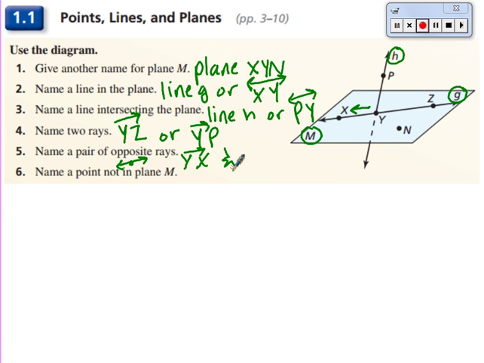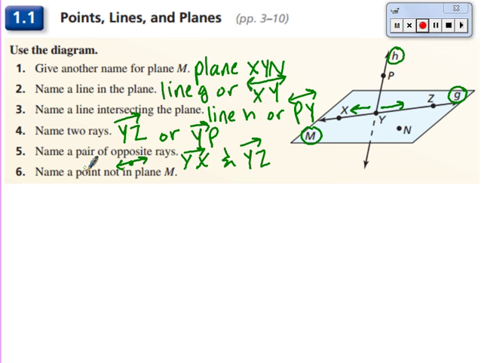And the ray that would be going in the opposite direction to that would be starting at Y and going towards Z. So starts at Y, goes towards Z with your ray symbol. Excuse that bell. And together you'll see they form a straight line.